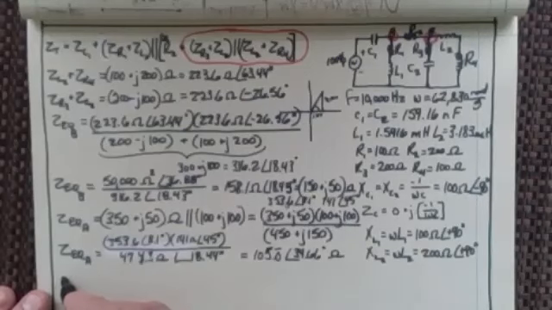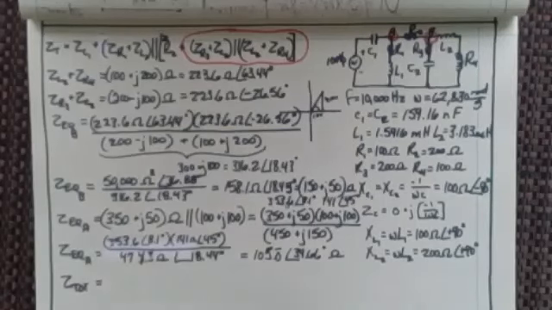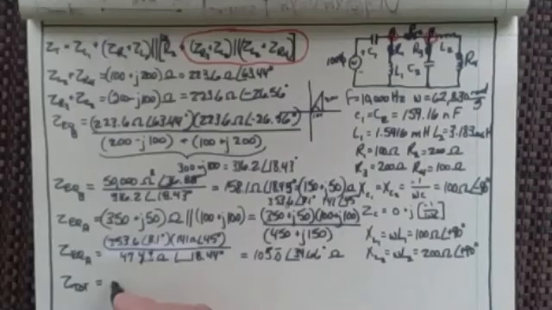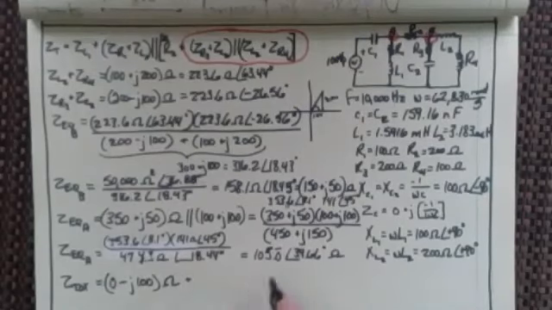So to find out my total impedance now, I'm going to have the impedance of that first capacitor, and we know that's 100 ohms, so it's going to be 0 minus J100 ohms, right? And we want to add that to this one that we've got right here, the 105 at 34.66.